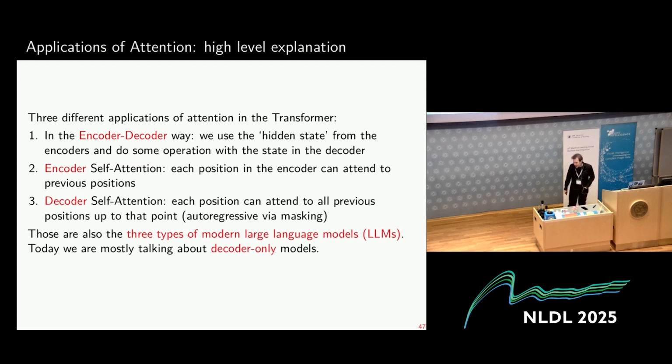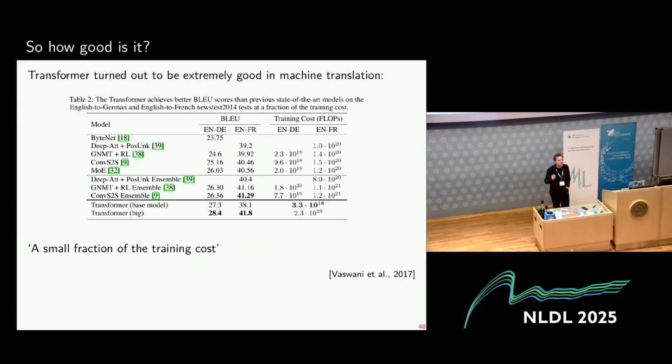So all these large language models which you are dealing with when you are talking to ChatGPT, Claude, etc., are basically autoregressive or decoder-only language models. And in the hands-on session today, you also will be dealing with decoder-only autoregressive language models for Norwegian.